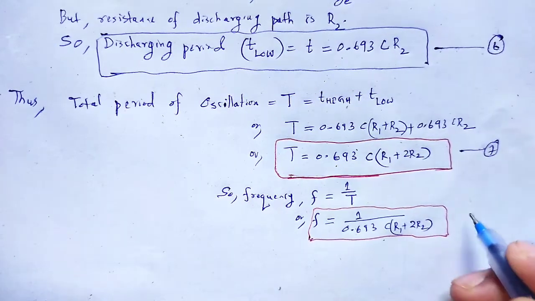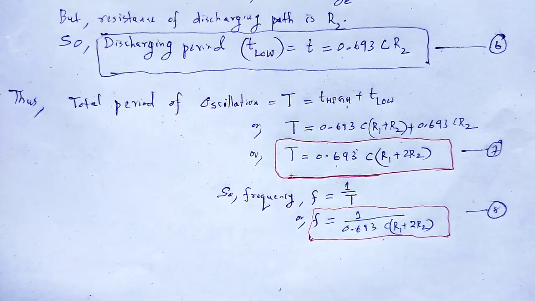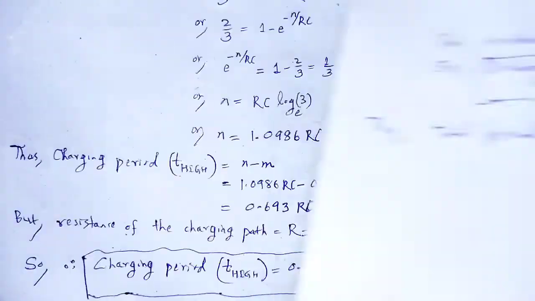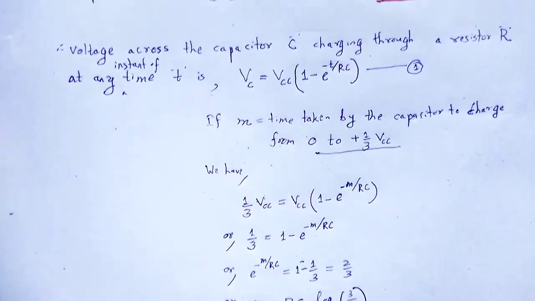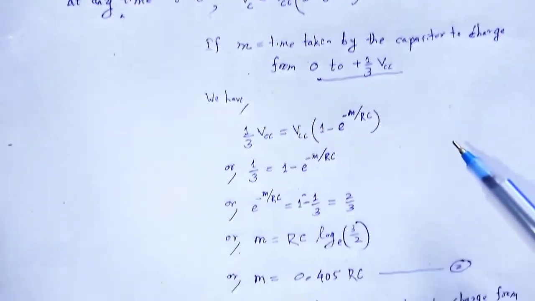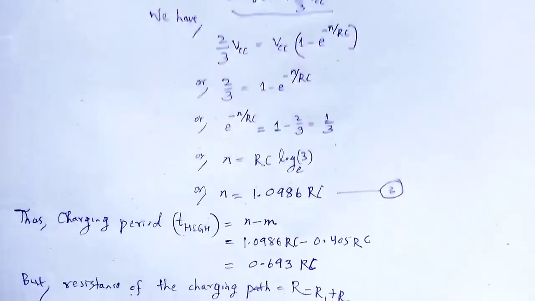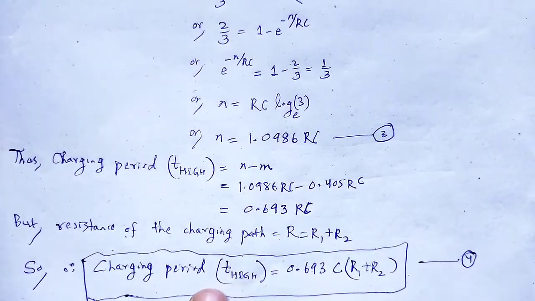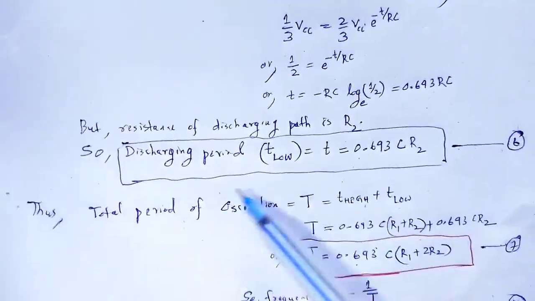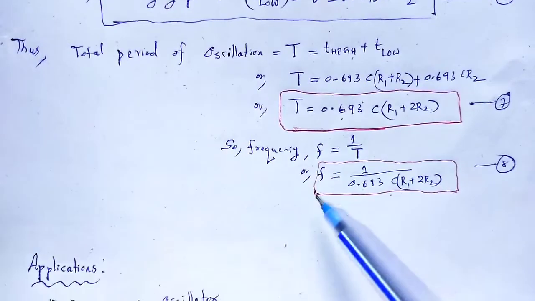Equation number 7 and equation number 8. This is the total operation of the 555 timer IC as astable multivibrator: for the charging situation, the time period of oscillation, for the discharging case, the time period of oscillation, total time period of oscillation and frequency.